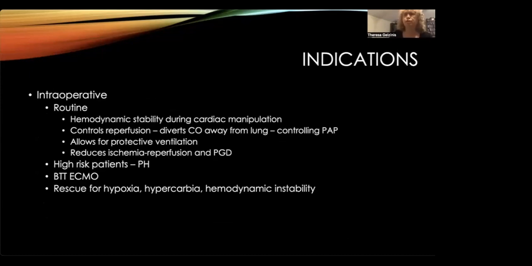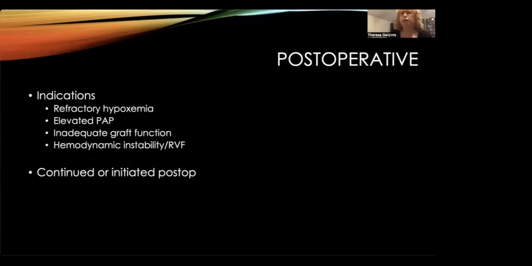Intraoperative indications include routine use, to provide hemodynamic stability during cardiac manipulation, especially during implantation of the left lung, to control reperfusion by diverting cardiac output away from the lung and by controlling PA pressures. It allows for protective ventilation and reduces ischemia reperfusion injury and primary graft dysfunction. Other indications include use in high-risk patients, like those with pulmonary hypertension with right heart failure, and those on ECMO as a bridge to transplant, and as a rescue intraoperatively for hypoxia, hypercarbia, and hemodynamic instability.